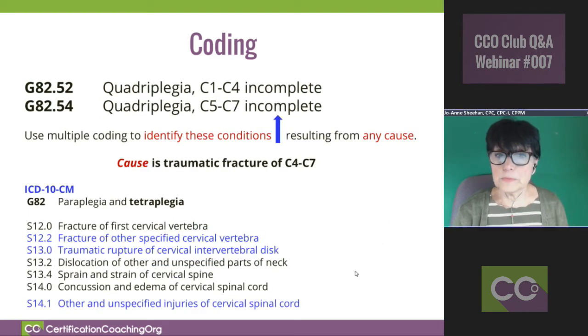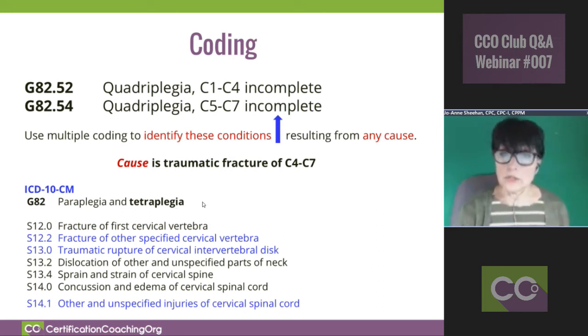So you use multiple coding to identify these conditions, and it is incomplete, resulting from any cause. And that was in the notes. And the cause is the traumatic fracture of C4 through C7. So when you look up these codes in Find a Code, you see that the main code, the G82, means paraplegia and tetraplegia.